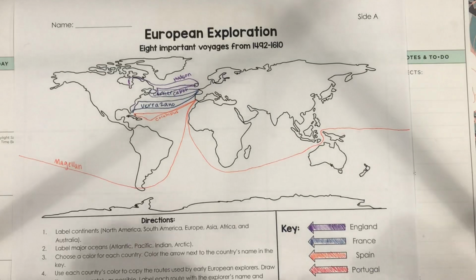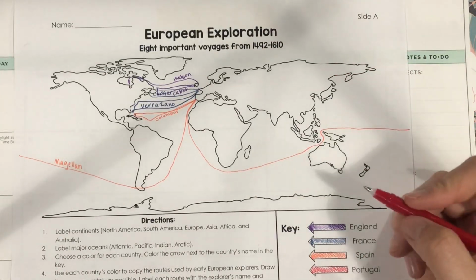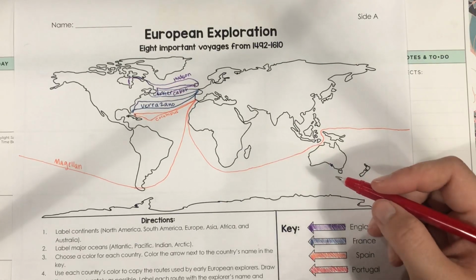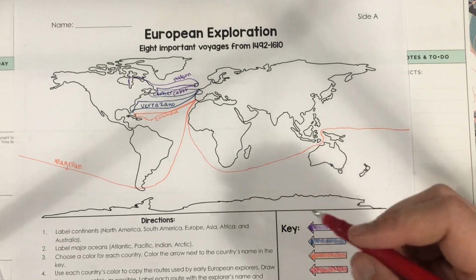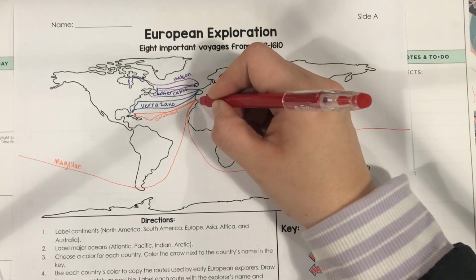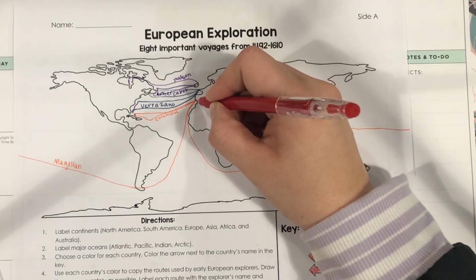And now we're going to do Portugal. This is the last one. My Portugal's red. Use whatever color you need. Okay? So the first one we're going to do is da Gama. And the people from Portugal traveled kind of far. But they started basically in the same area because Spain and Portugal are close together. So we're going to start right here.